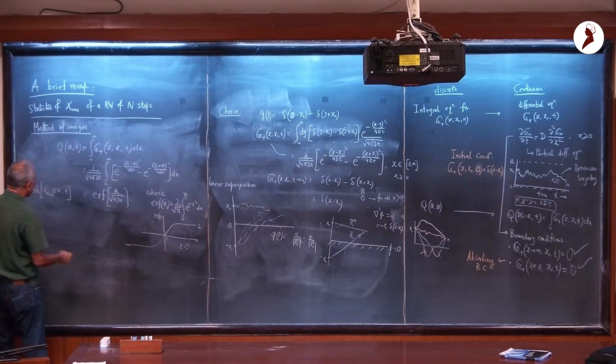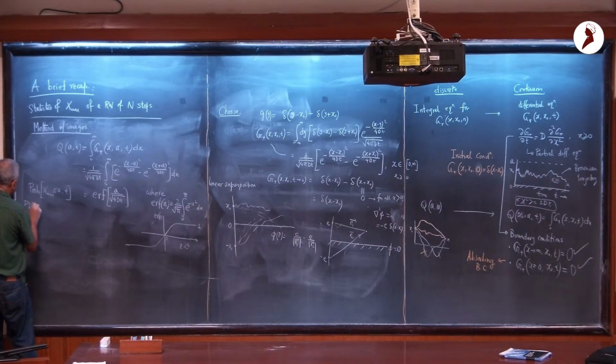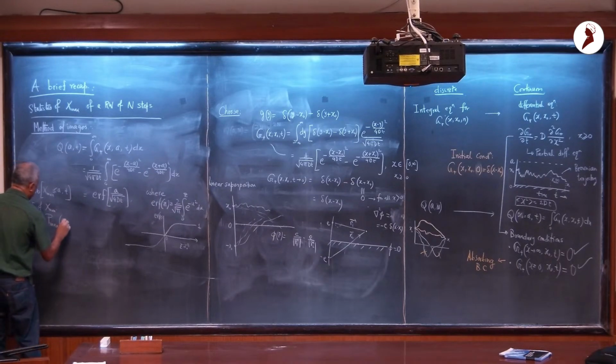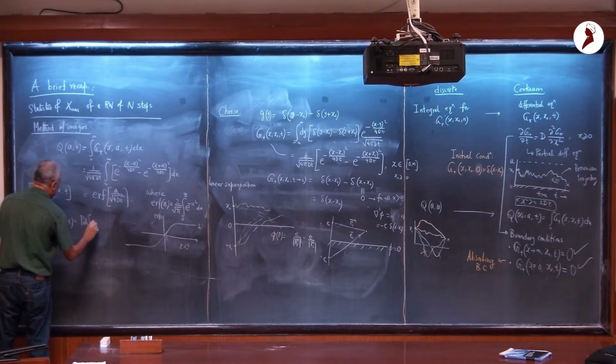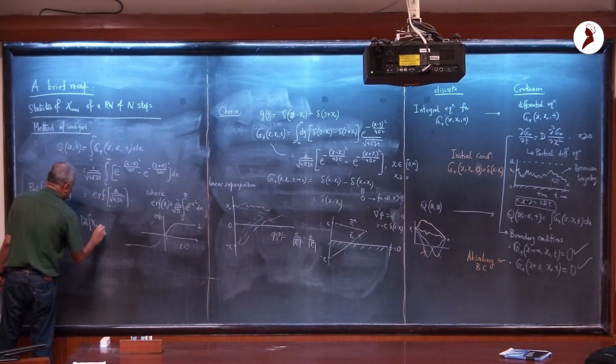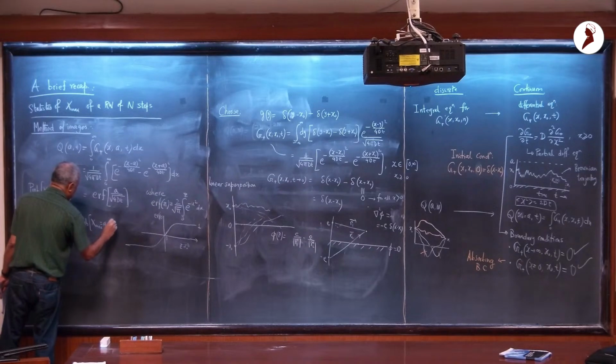Okay? So this is my cumulative distribution, and therefore the PDF of x max, the probability density function, I was using this notation P max of a comma t. This is just the probability density that x max equals a within time t.